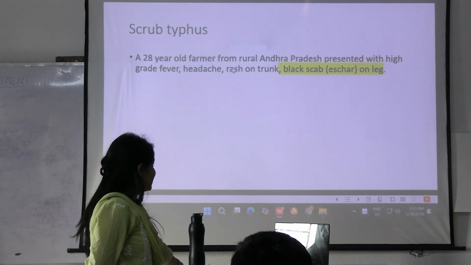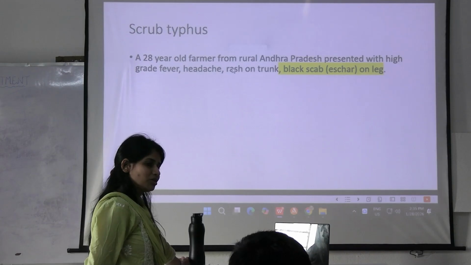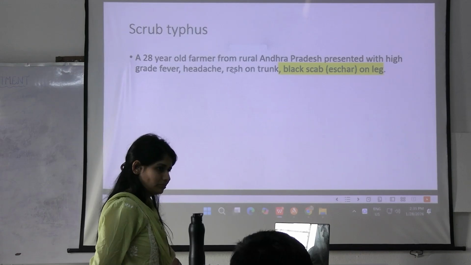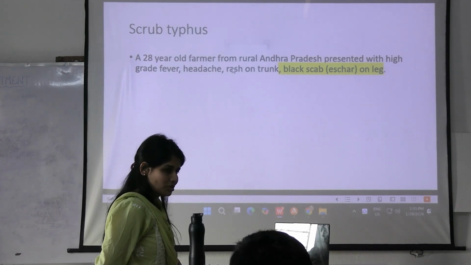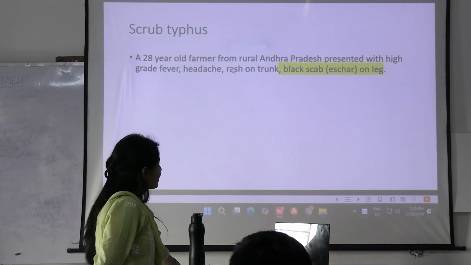Black scab on leg. Okay. Any other finding? Occupation? Farmer. What do farmers do? Go to the bushes, where there is vegetation, right?